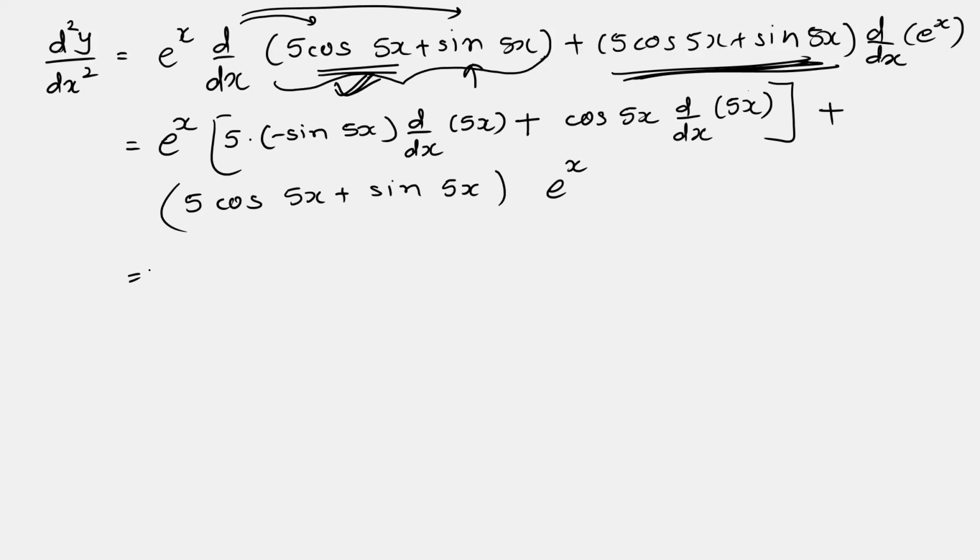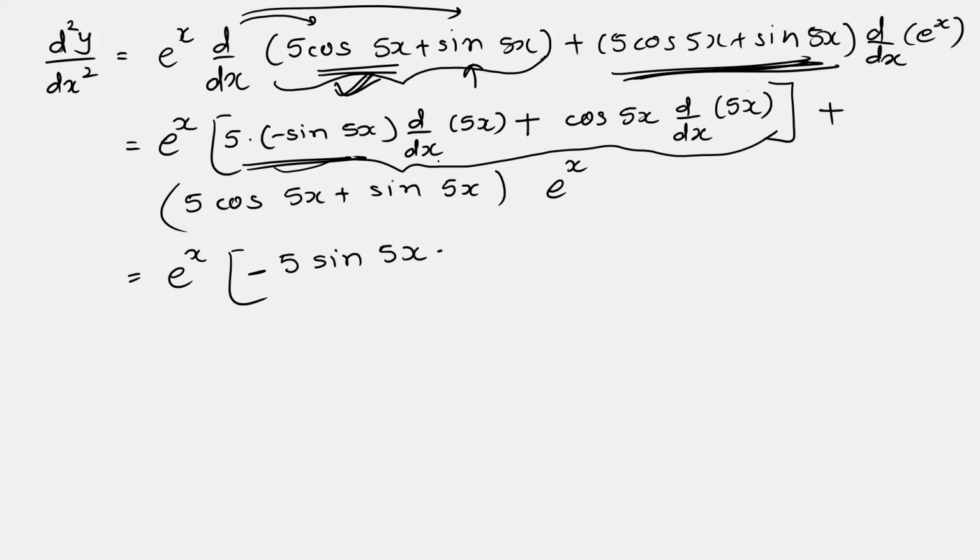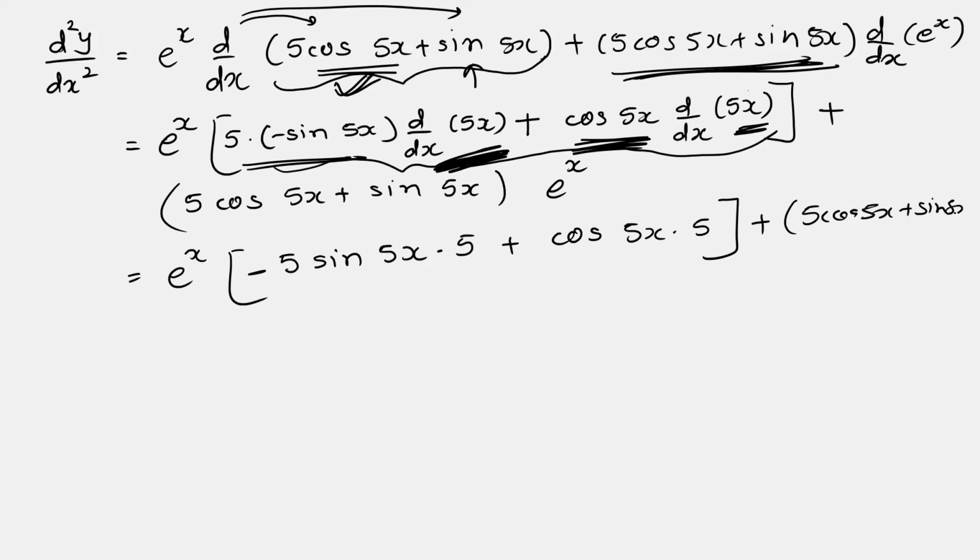It's fine. So I can see that here, too much simplification is required. So let's do that. It is minus, first of all, these two are multiplied. So minus 5 sin 5x into d by dx of 5x is 5, plus cos 5x, this part, d by dx of 5x is plus 5 cos 5x as it is, plus sin 5x into e to the power x. We know that e to the power x can be taken common from both the terms.